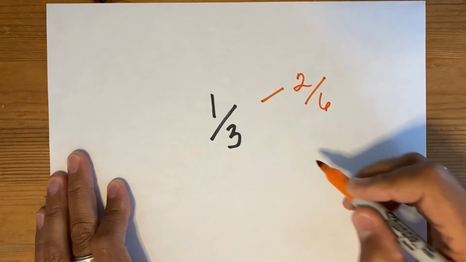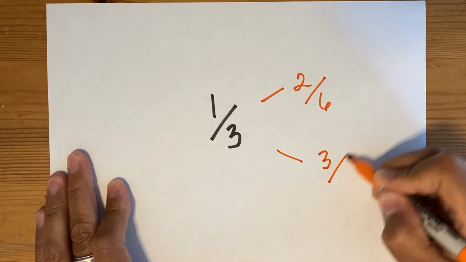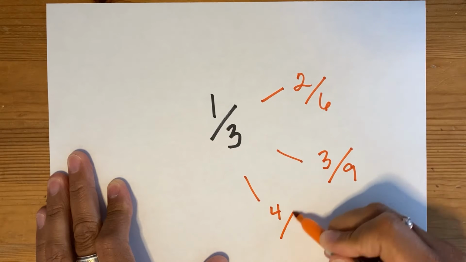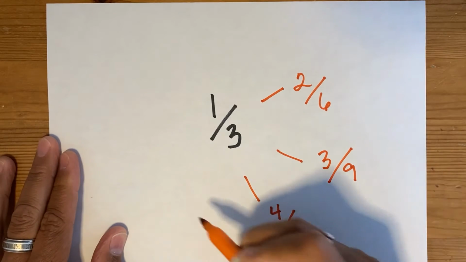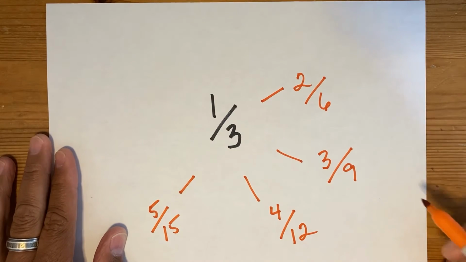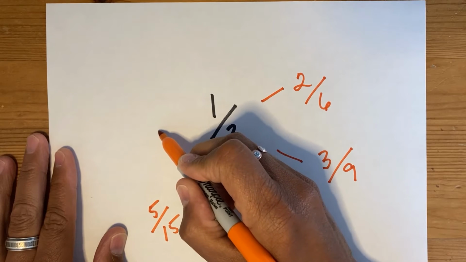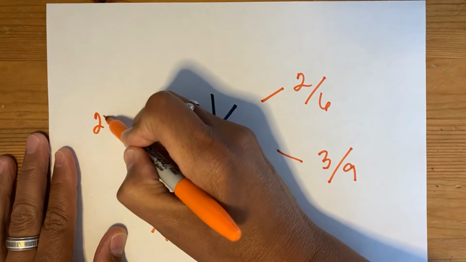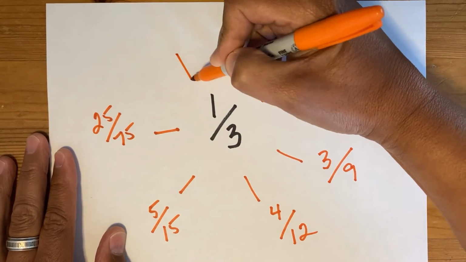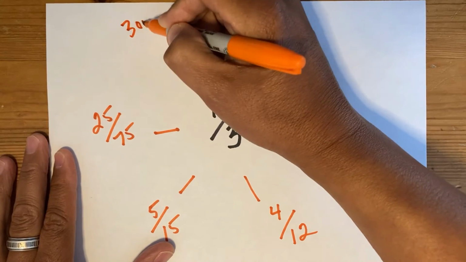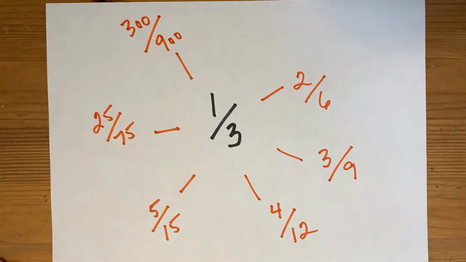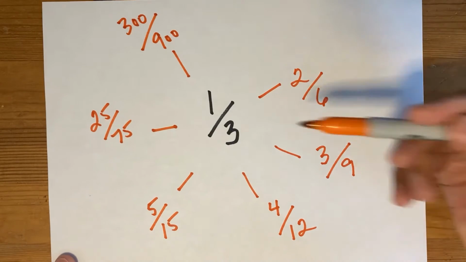2/6, 3/9, 4/12, 5/15, 25/75, 300/900. Those are just some equivalent fractions for 1/3.